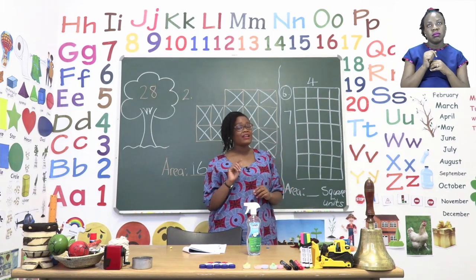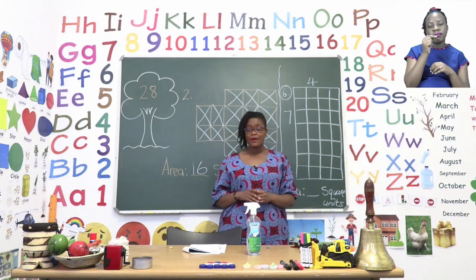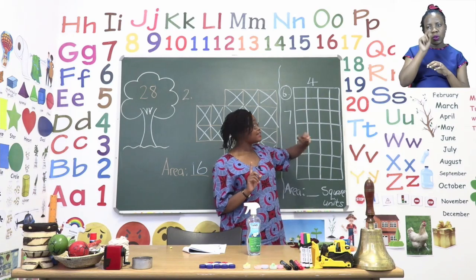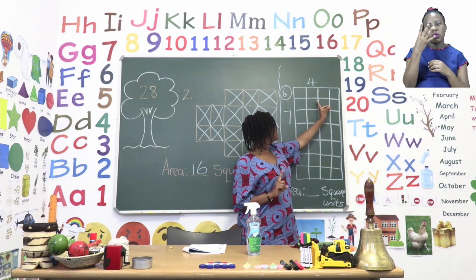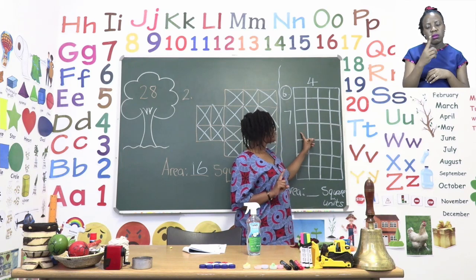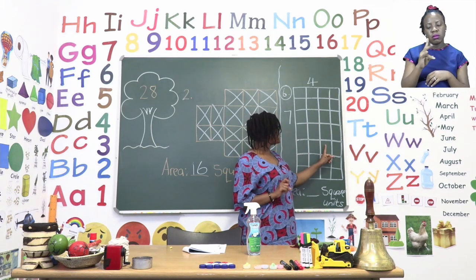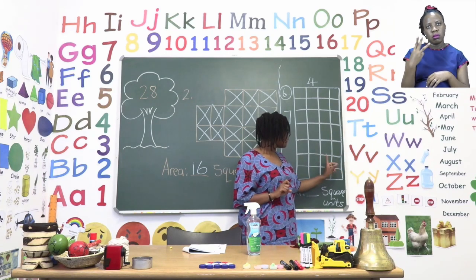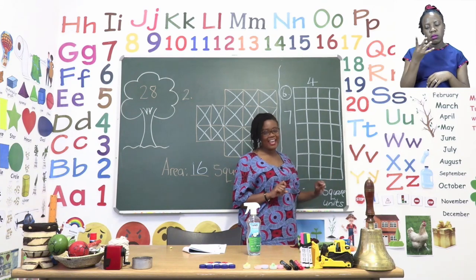After that, you now have to count how many square units you have by doing the same thing. Let's count, but this time not crossing out. 1, 2, 3, 4, 5, 6, 7, 8, 9, 10, 11, 12, 13, 14, 15, 16, 17, 18, 19, 20, 21, 22, 23, 24, 25, 26, 27, 28.